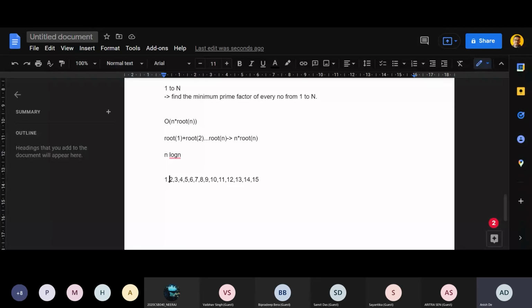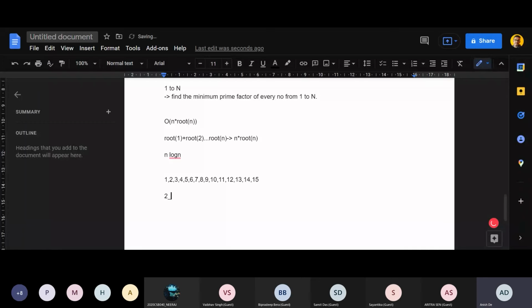2 is a prime number. So what Sieve tells here is that 2 will divide every number from 2 to n, and we will jump with a length of 2. So the for loop will be something like this for 2.